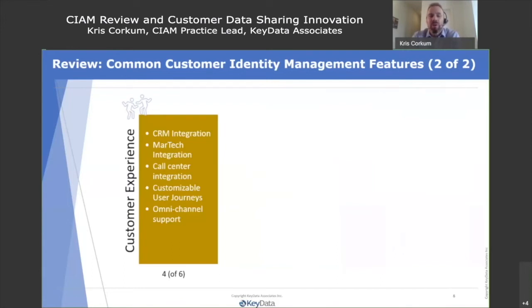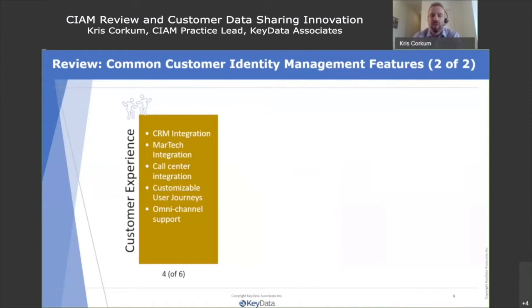So you could argue that without a great user or customer experience, nothing else in these slides matters, because this is really what we're striving towards. And CRM and MarTech integration both lead to customer experience by providing actionable insights and data-driven decision-making.